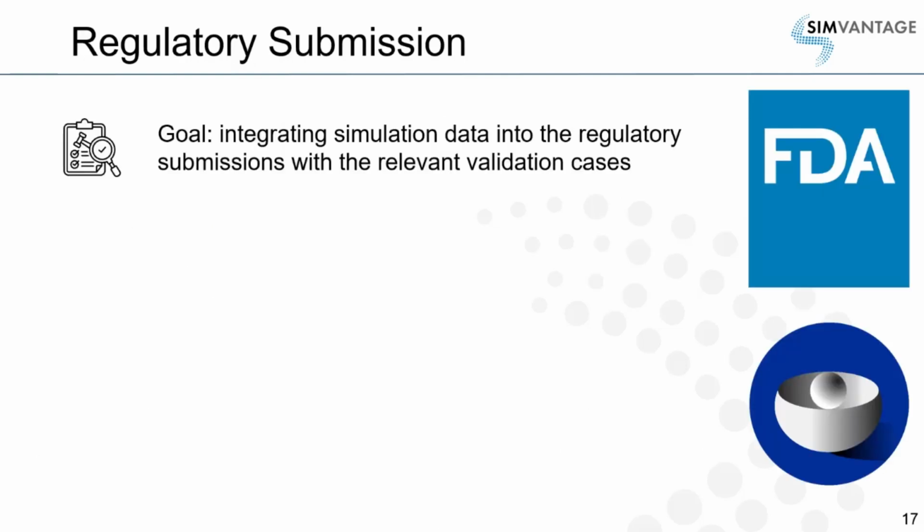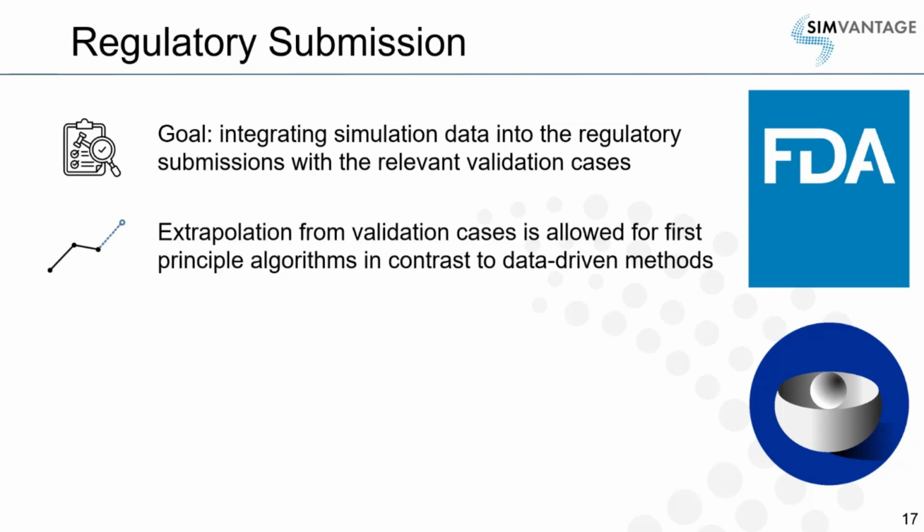And now you may ask, okay, are the regulatory authorities willing to accept these simulations? And the answer is yes, they're very much open to this, but you have to do validation cases.